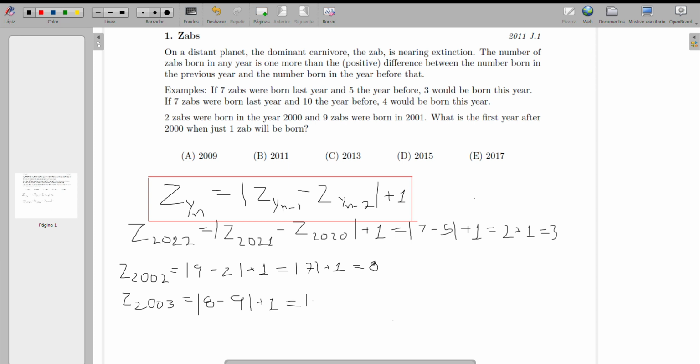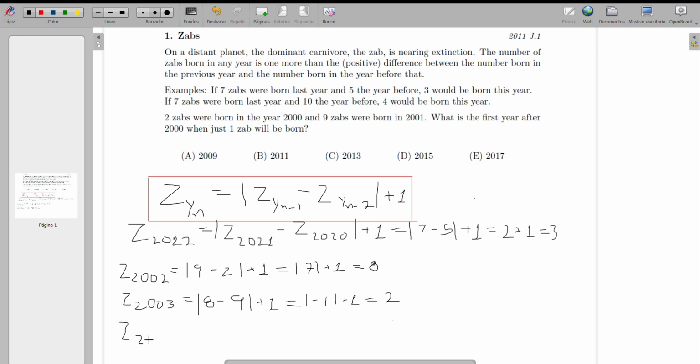That is equal to minus 1 plus 1 equals 2. Just one more.